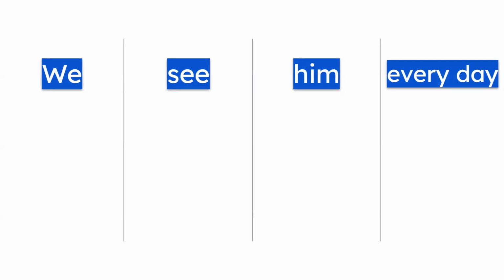We see him every day. So how do we say we in Spanish? That's right. Nosotros. Nosotros, and then we conjugate the verb. No, not so fast. Remember, we place the person receiving the action before. Okay, and in this case it's him, so it's lo.